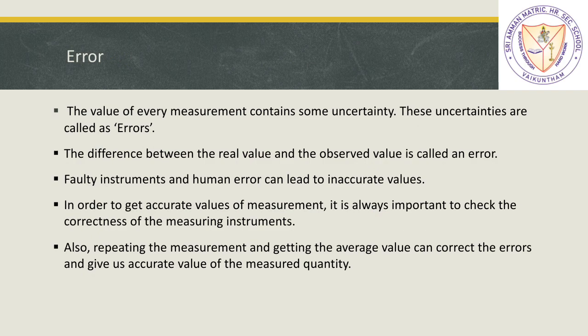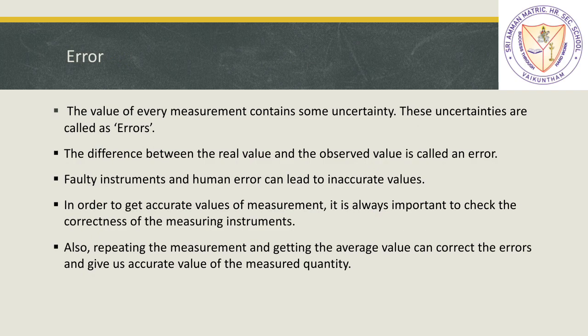Coming to error, this is also one of the words we'll be using when we carry out measurement. The value of every measurement contains some uncertainty, so it is very rare for us to calculate the exact true value of a quantity. Uncertainty means it is not certain, not the correct or true value.